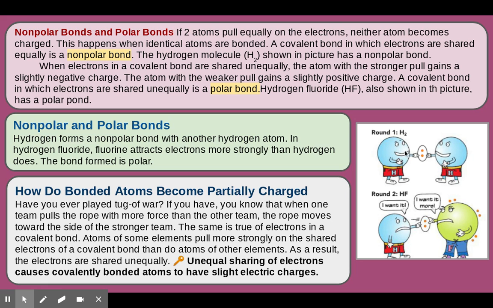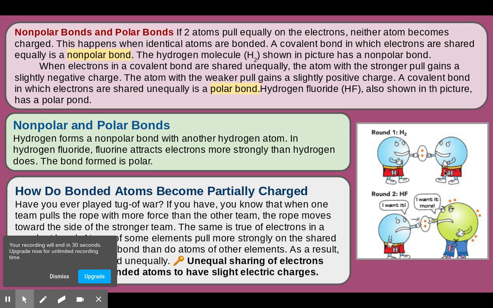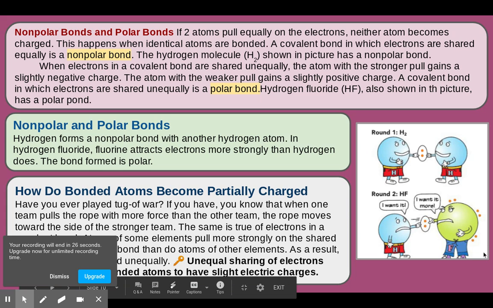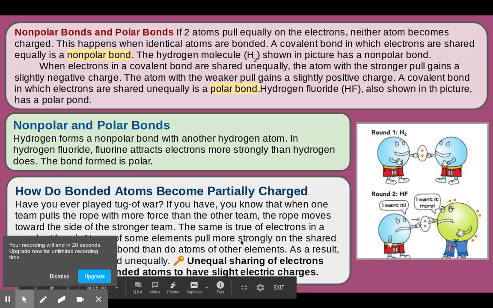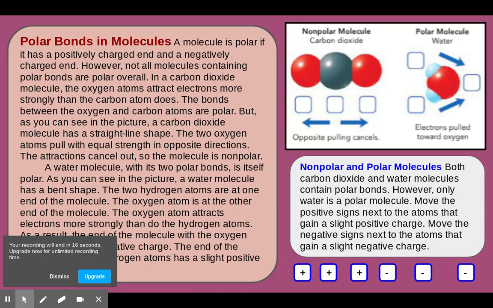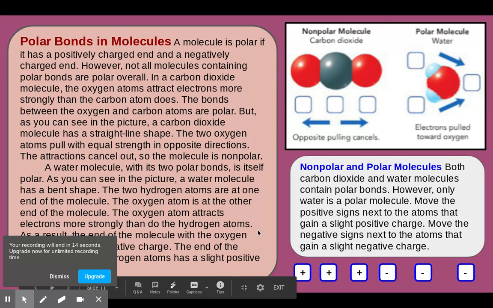So like this H2 shares these electrons equally. The electrons spend as much time going around both of those atoms. When it's around the fluorine and the hydrogen, they spend more time on the fluorine, and so we say that one side has a more attractive side to it. They're shared unequally. So polar bonds.